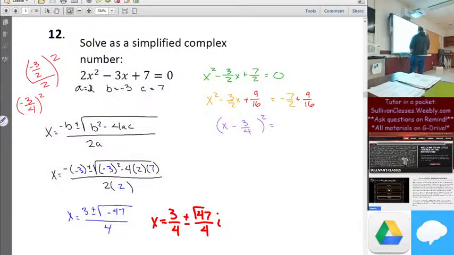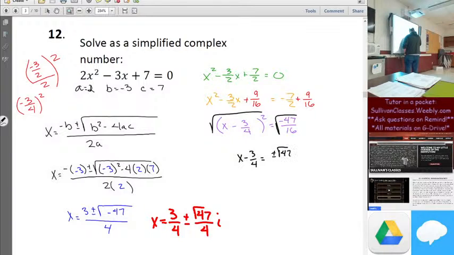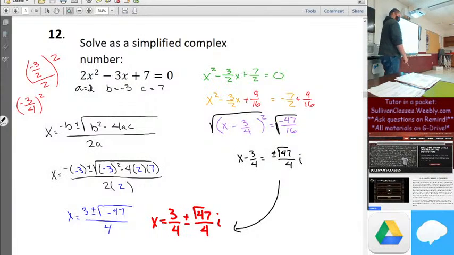Grab a calculator or get like terms, I don't care. Solve by square roots. Get x by its lonesome. Either way is viable. Do either one, I don't care.